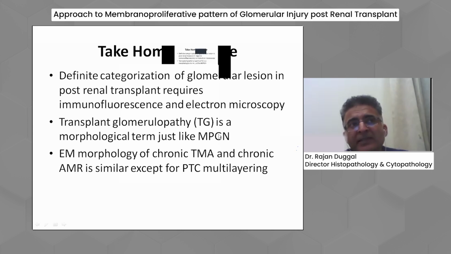And for me, C4D capillary wall staining is easier to pick up on immunofluorescence than on immunohistochemistry. That is why I find it very useful. But that is a personal choice, because obviously you need a separate core for immunofluorescence, so there will be nephrologists who will say, I don't want to take 2 cores and all that. That is fine. It's okay.